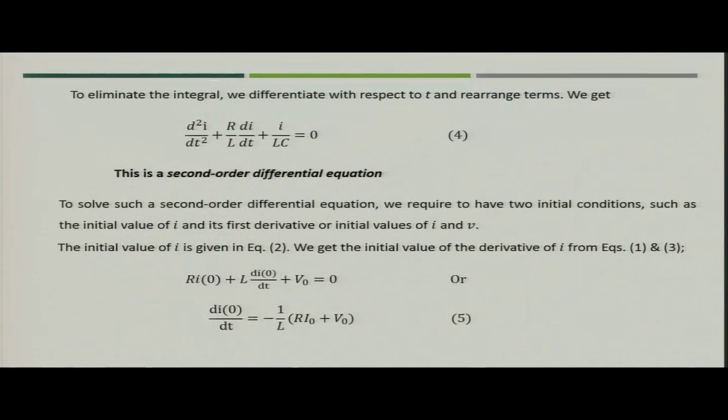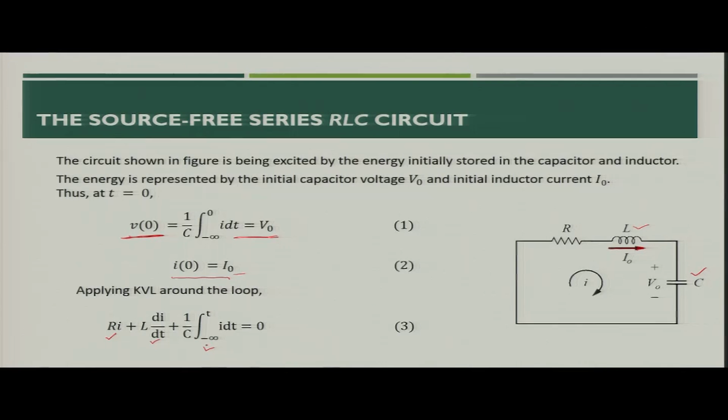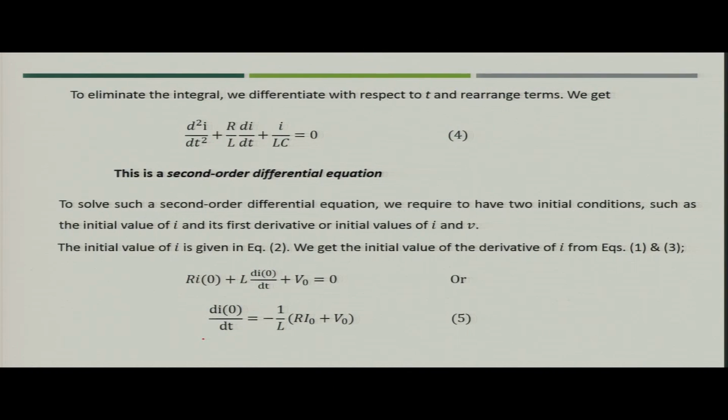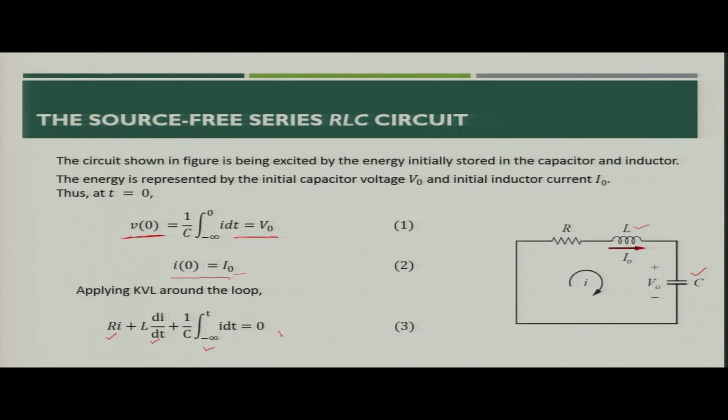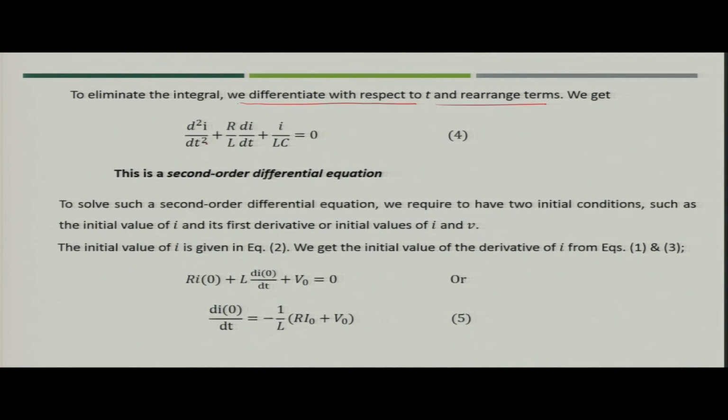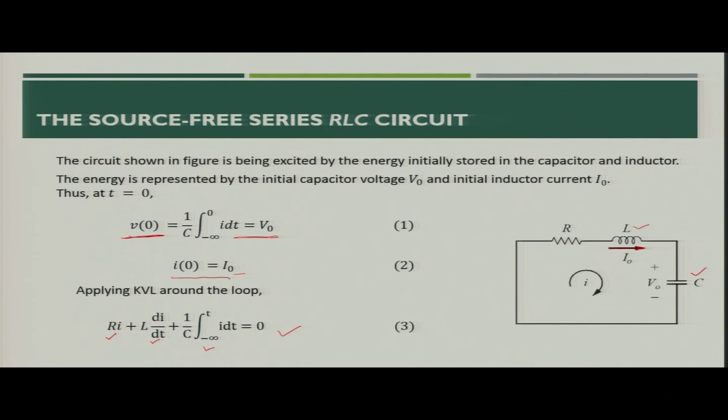In this equation you can eliminate the integration portion by differentiating again with respect to time t. When you differentiate, you will get L d2i by dt2 plus R di by dt plus 1 upon C i.